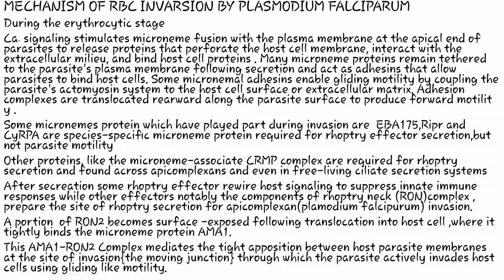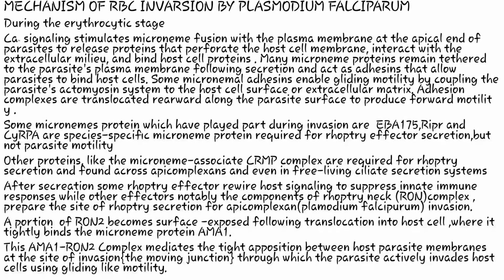So during calcium signaling, these micronemes, which are at the apical end of this Plasmodium falciparum, facilitate fusion with the plasma membrane at the apical end of the parasite to release proteins.